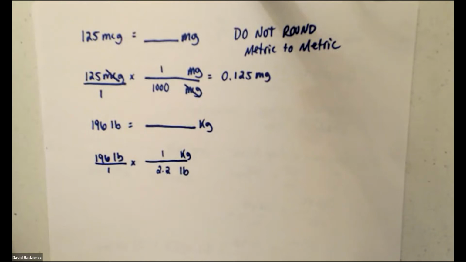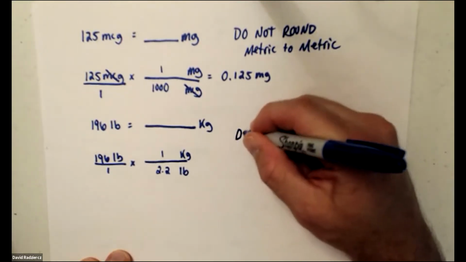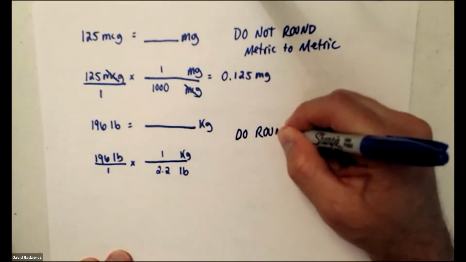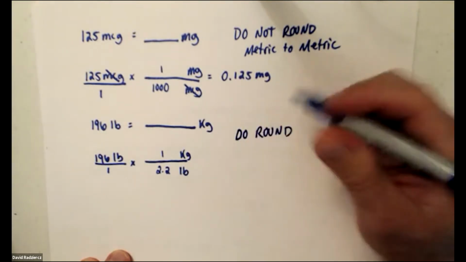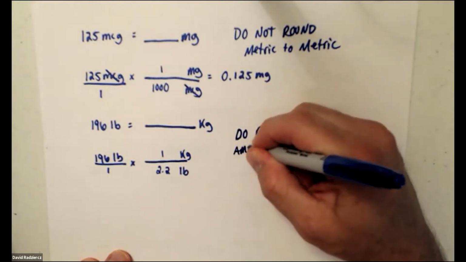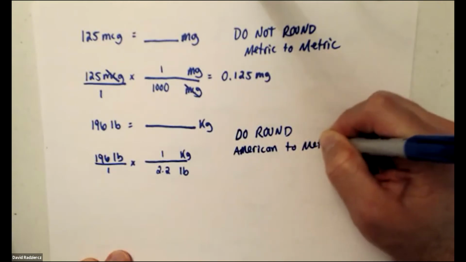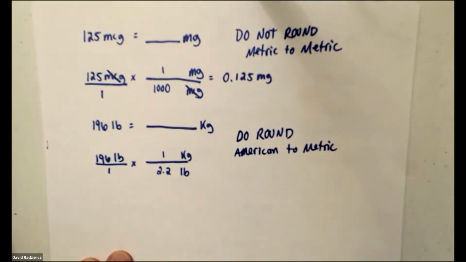Okay. But when you're going from American to metric, you do round. Pounds are the American units, metric is the metric units.